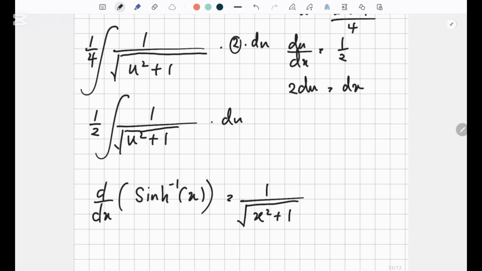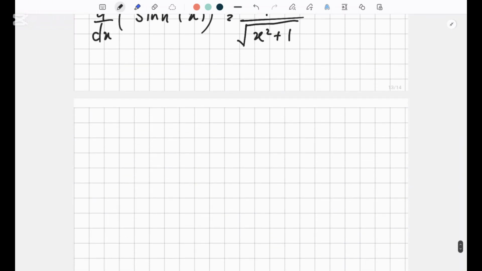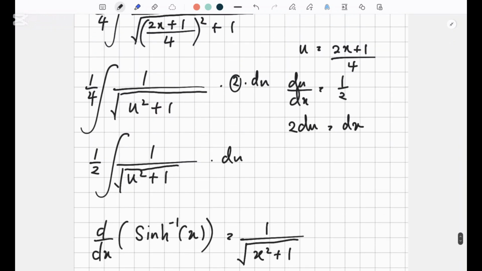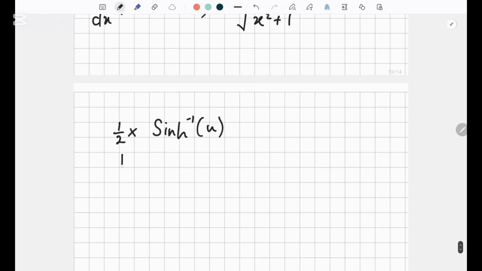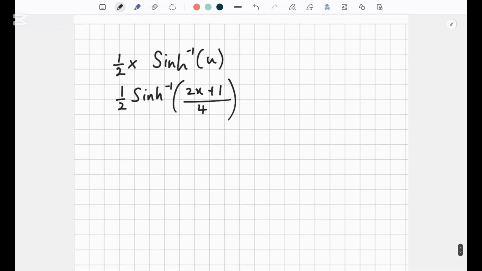So the integration of 1 over the square root of u² + 1 is going to be half into sinh inverse u. Instead of u, you can substitute what you took, so half sinh inverse of (2x + 1)/4. Remember, these are hyperbolic functions, okay? So that's your first part.